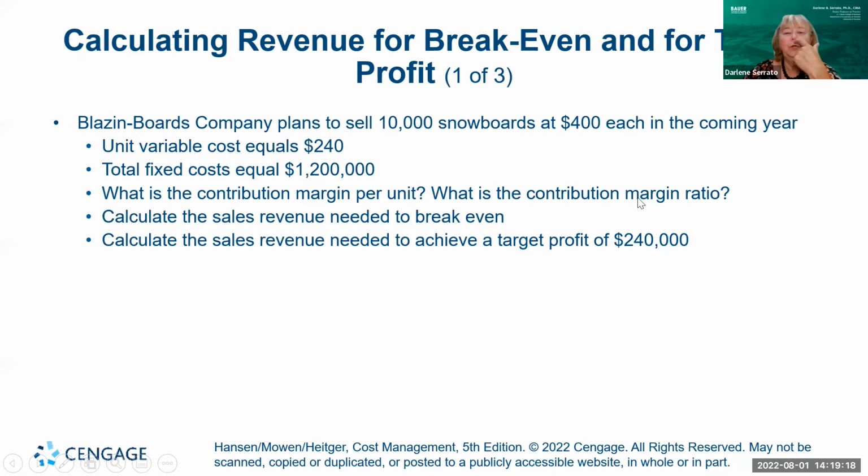What is the contribution margin ratio? It's the contribution margin per unit of 160 divided by the sales price of 400. Then we're going to calculate break-even sales revenue and the sales revenue needed for a target profit.